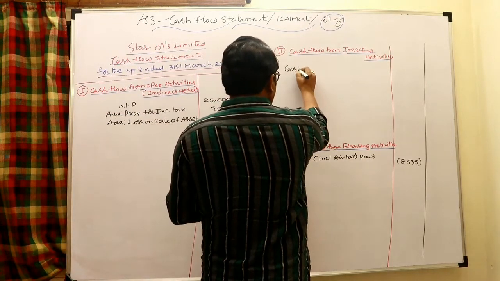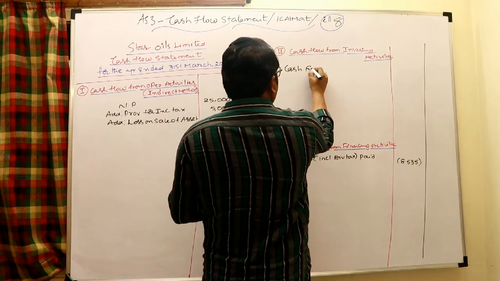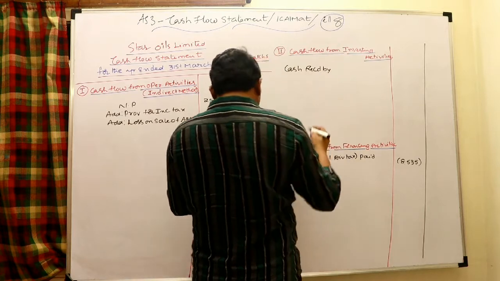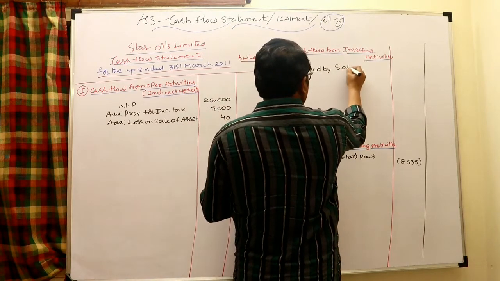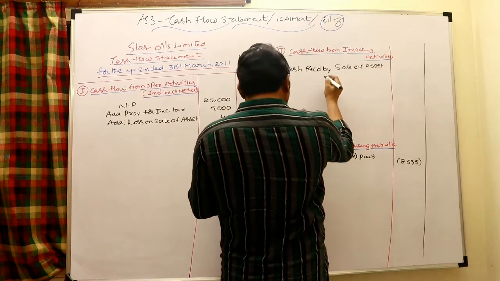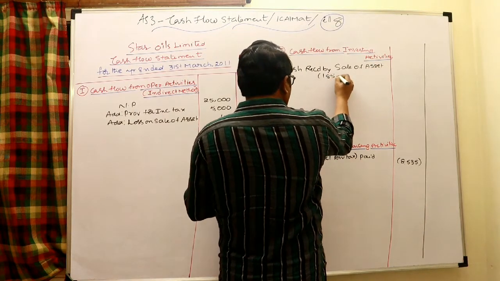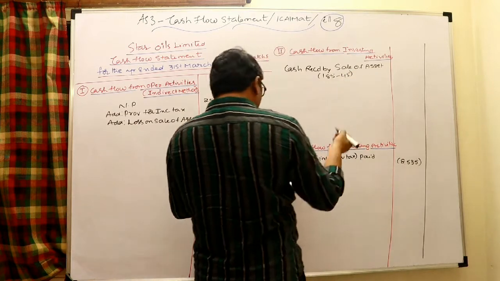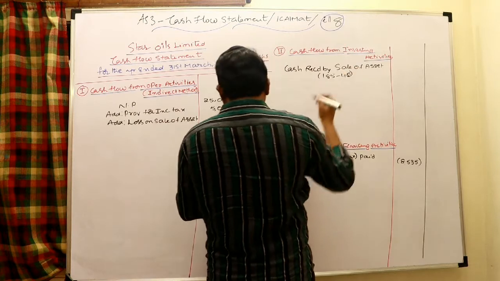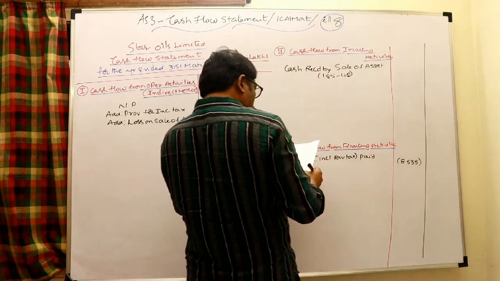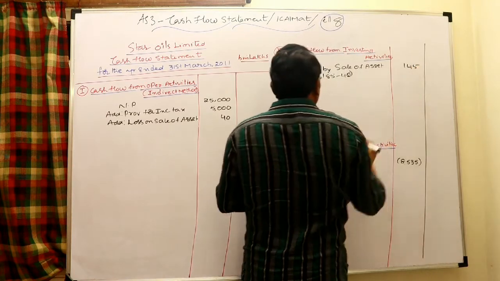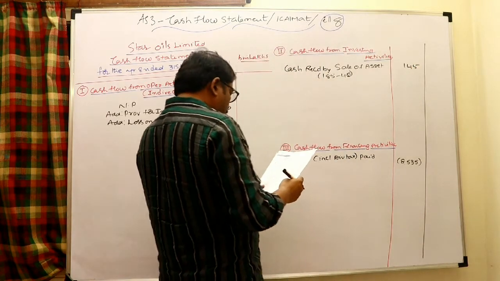Cash received by sale of asset. Book value 185, 40 lakhs is a loss, so 145 is the amount received by the sale of fixed asset.